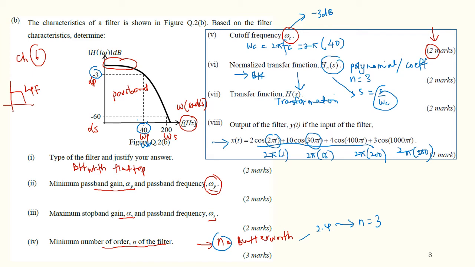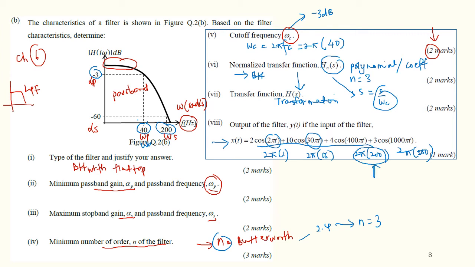Okay, so you plot the signal inside this graph. Look at which component will be in and which component will be out of the range. The maximum frequency accepted is 200, obviously up to this point.